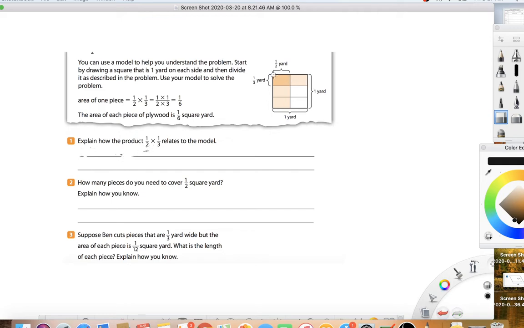So right here is 1/2 of a yard, but a squared yard is like this. That means the area. How many pieces do you need to cover this much area?